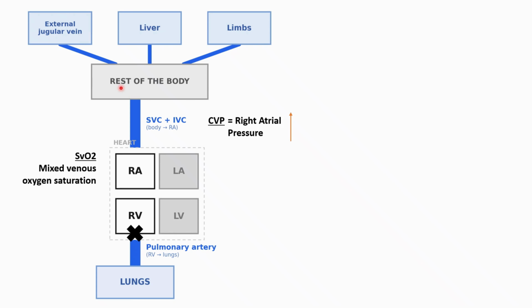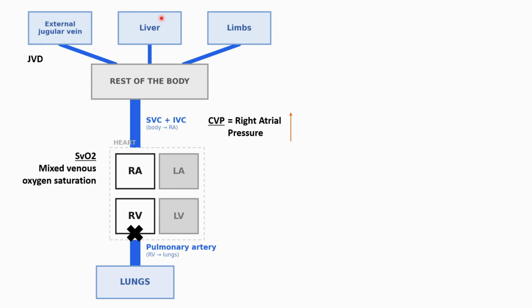In case of backing up of blood because of right ventricular failure, you'll see dilatation of the external jugular vein, and on the USMLE they'll give you a sign called JVD, or jugular venous distension or dilation. Telltale sign of right-sided heart failure. So if you see JVD, you think something is wrong with the right heart.